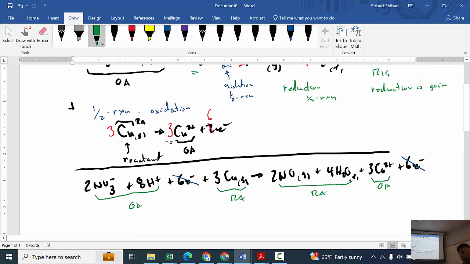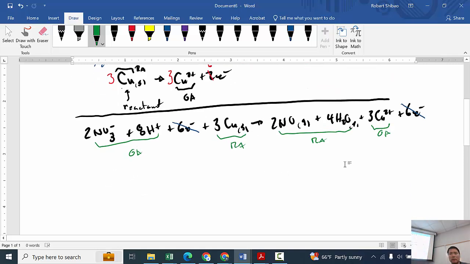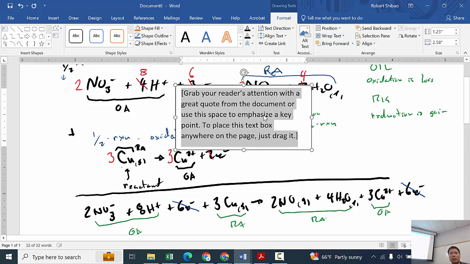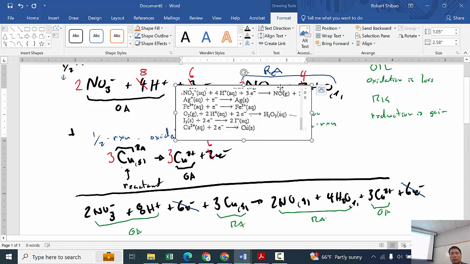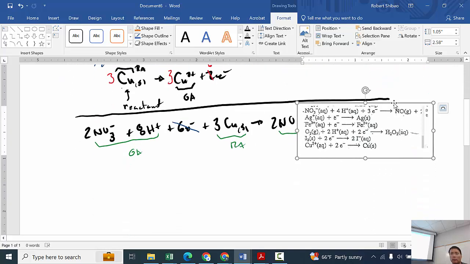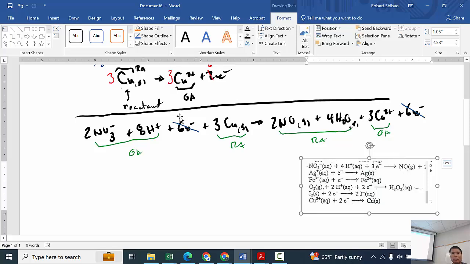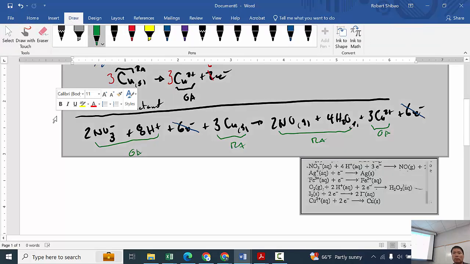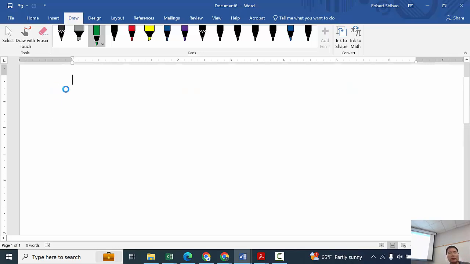Oh shoot, I forgot to do something here. Just insert a text box. So, okay, actually this is going to let me do this really quick.